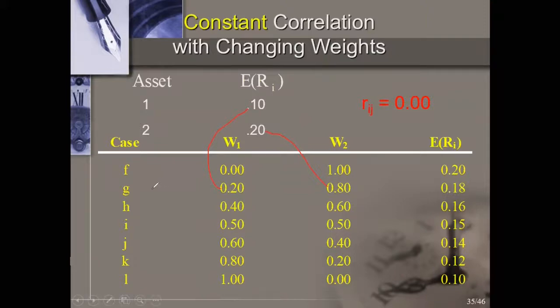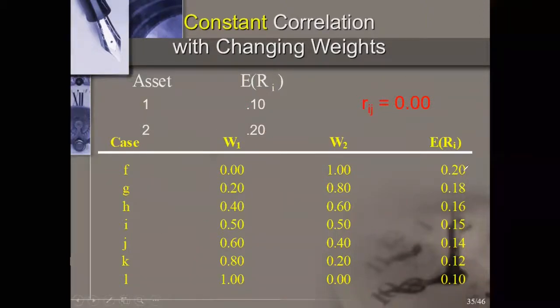You can calculate in this way: 0.2 multiplied by 0.1 plus 0.8 multiplied by 0.2. Whenever you solve this, you get the value of 0.18, right?